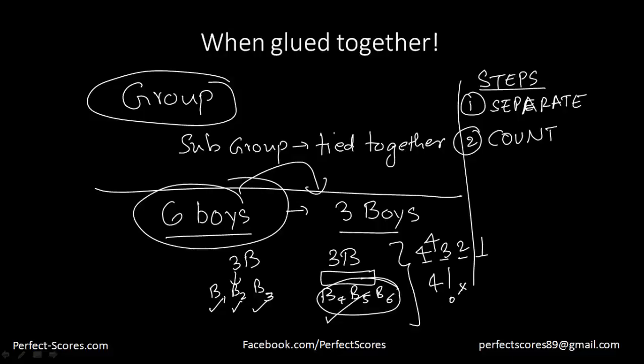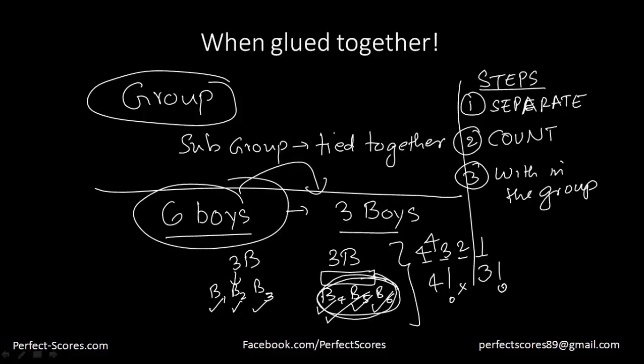Then you arrange them within the group as well. What do I mean by arranging them within the group? In how many ways can boy 4, boy 5 and boy 6 arrange themselves? These guys can arrange themselves in 3 factorial ways, because these 3 guys can come anywhere.